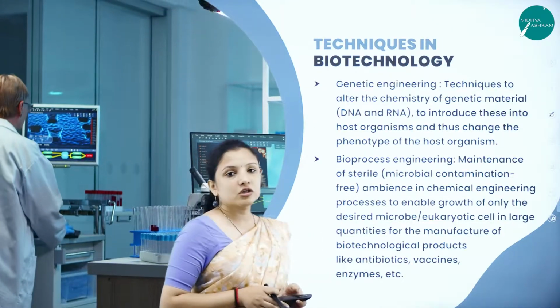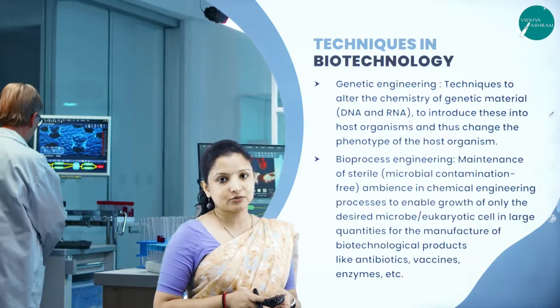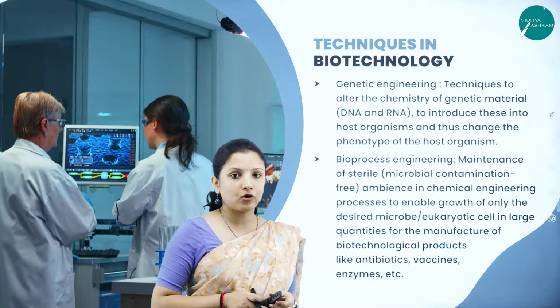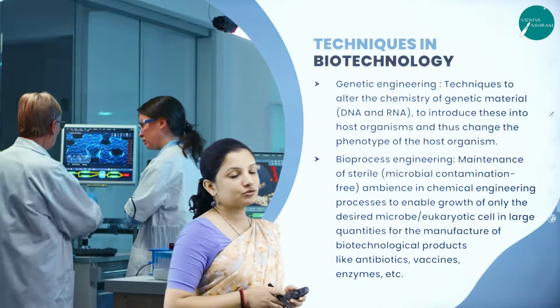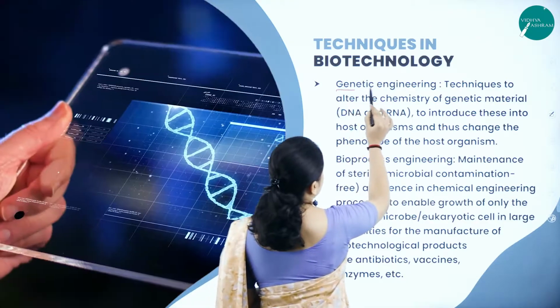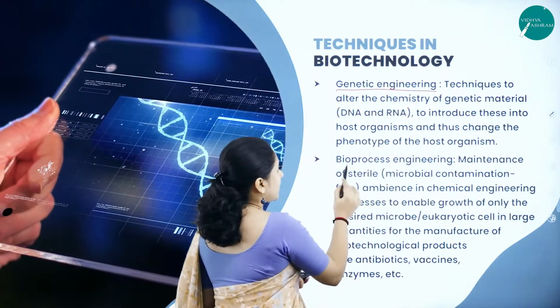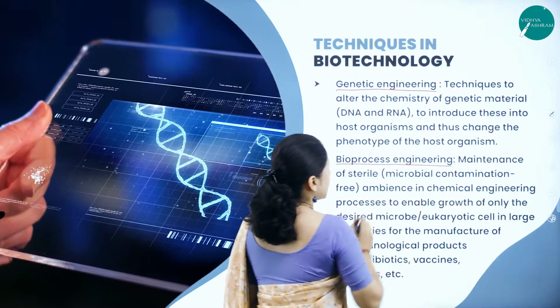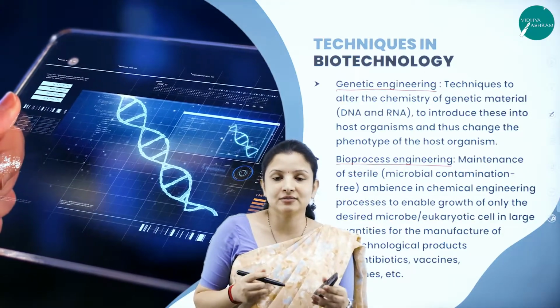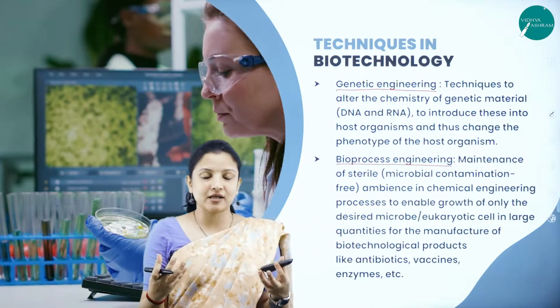So biotechnology involves different techniques. What are the techniques? Let's look into it. Two main techniques are involved here, and we shall study these two separately. One is genetic engineering, and next is bioprocess engineering. Talking about genetic engineering, engineering means wherein you create something, right?